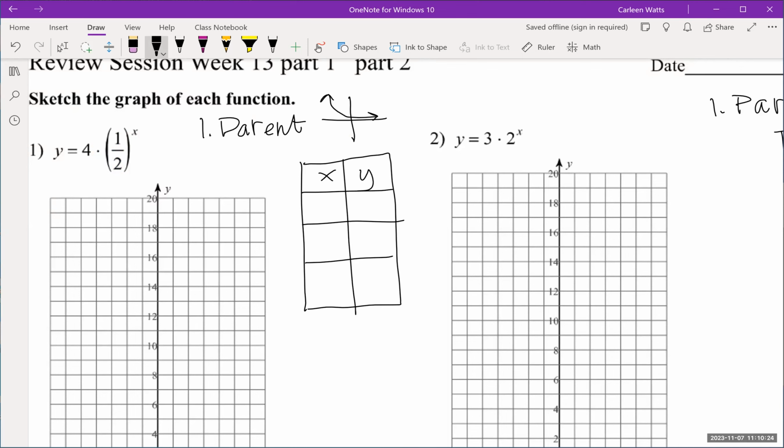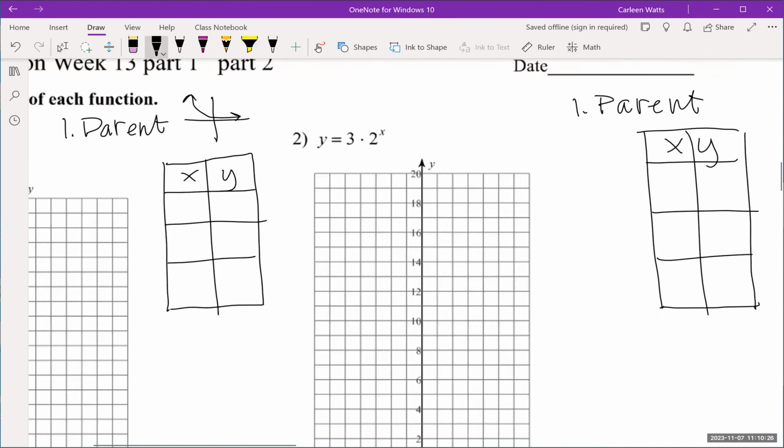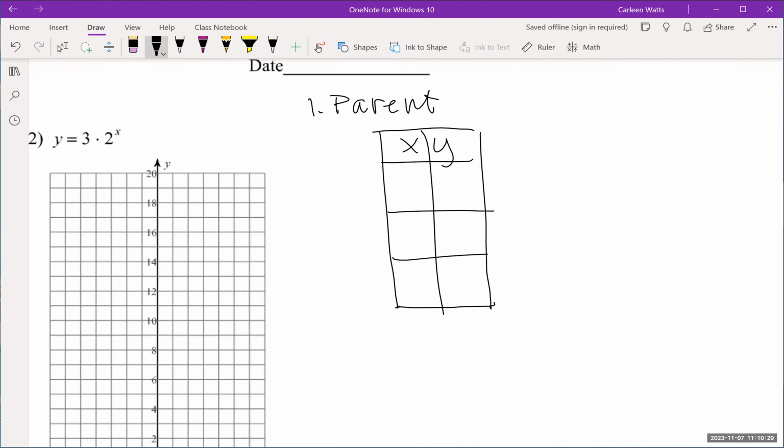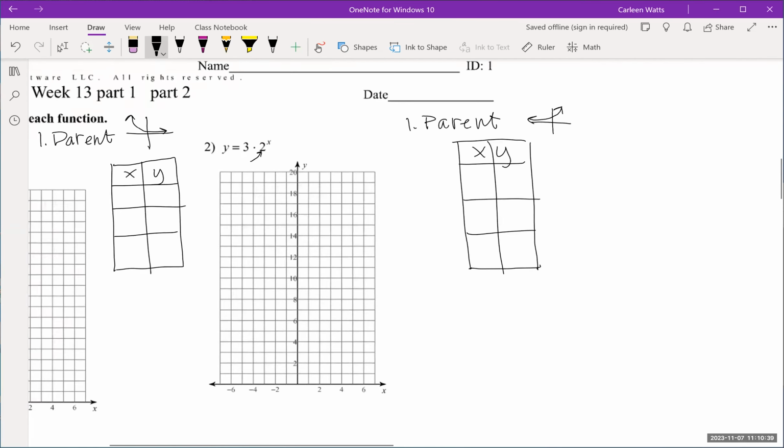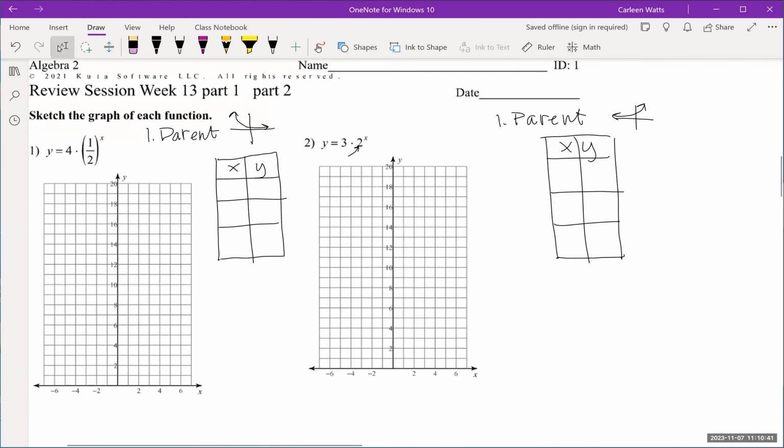This one, because the base of the exponential is a whole number, this is an airplane taking off. Okay. So we're going to have -1, 0, and 1.